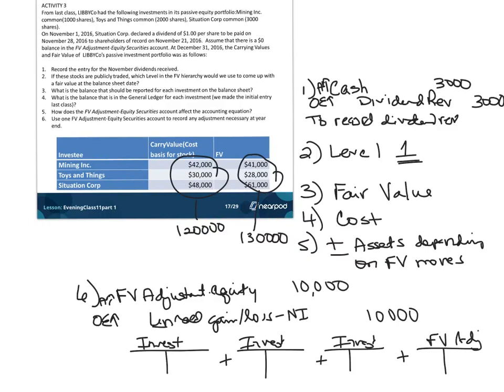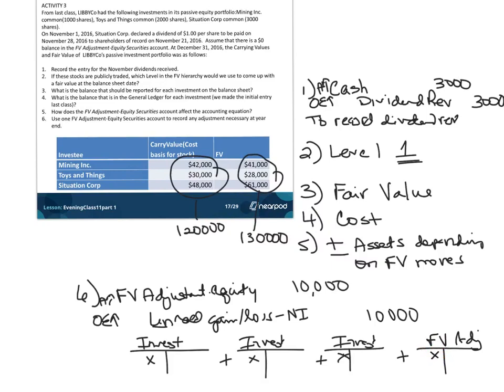Okay, so we have those at cost, and then we have our fair value adjustment. I want you to keep in mind this is a permanent account, fair value adjustment, which means the next year it's going to have this balance, $10,000 in it. And I would need to reevaluate at the end of the year what the balance should be in fair value adjustment. And when I fix the balance, that's going to tell me whether I have an unrealized gain or a loss.